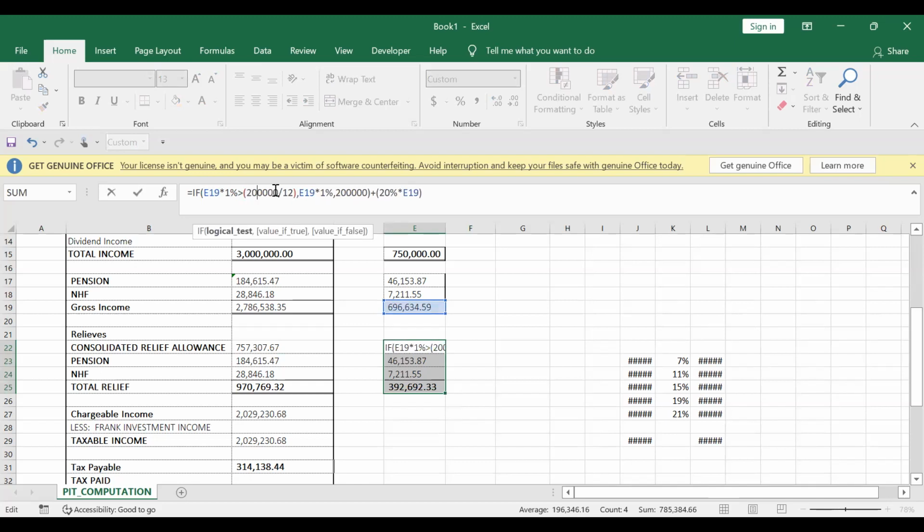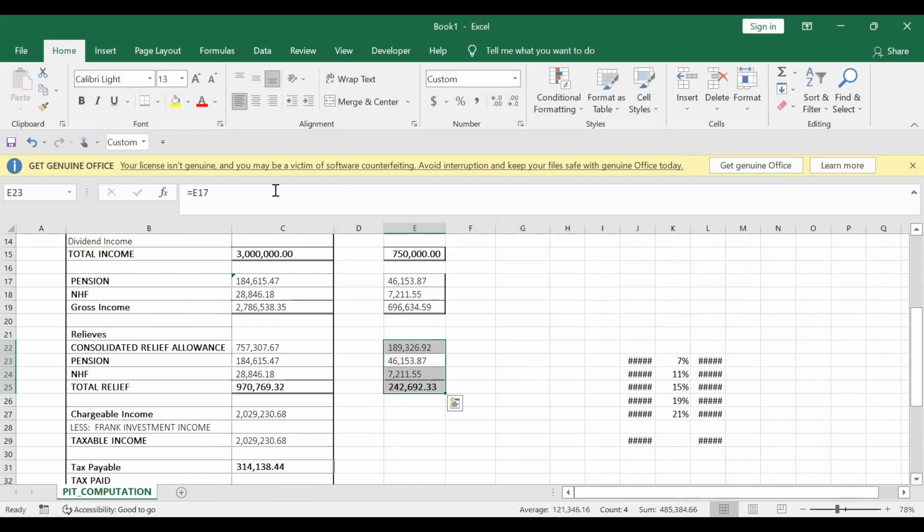Are we together? Multiplying by 3. I will come in here again, dividing by 12, multiplying by 3. So it has programmed this.